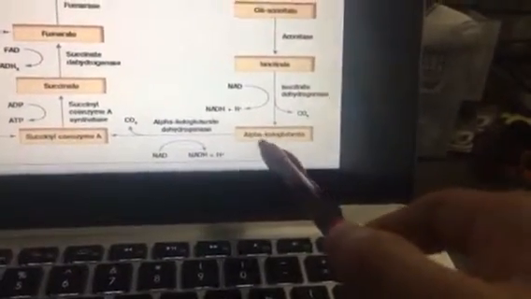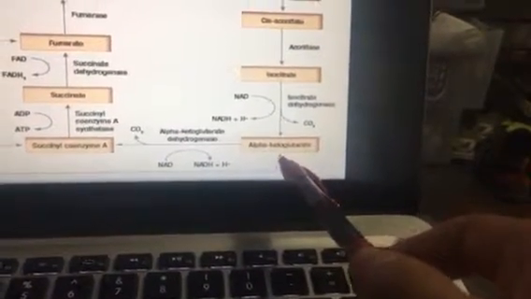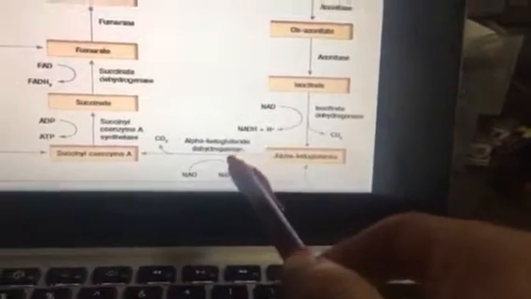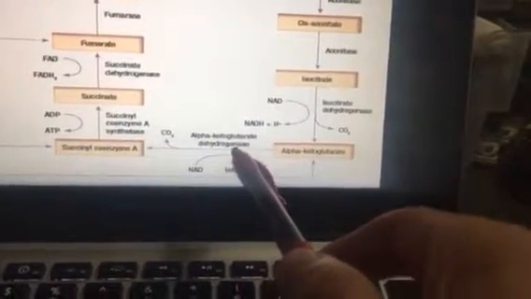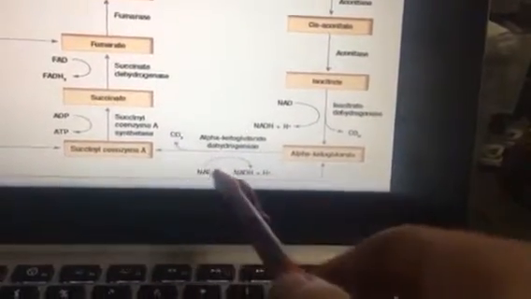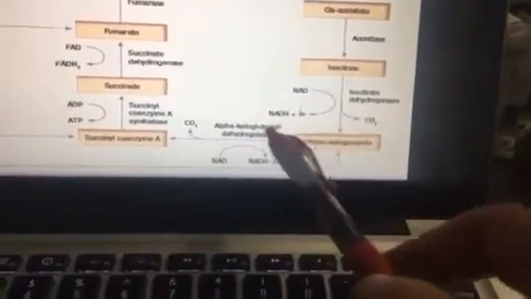Then it is moved to alpha ketoglutarate. Then with another enzyme, alpha ketoglutarate dehydrogenase, you have a byproduct of CO2 and more ions that we're seeing right here.